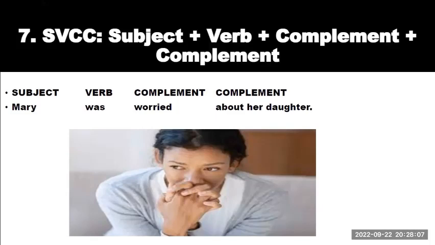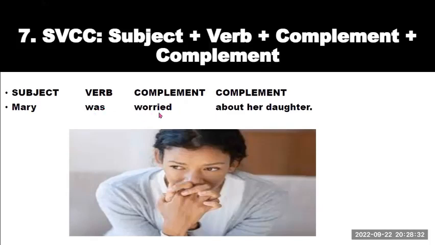For example, Mary was worried about her daughter. Mary was worried about her daughter. Okay, now Mary is the subject, was is the verb, worried is the complement, and about her daughter is another complement.